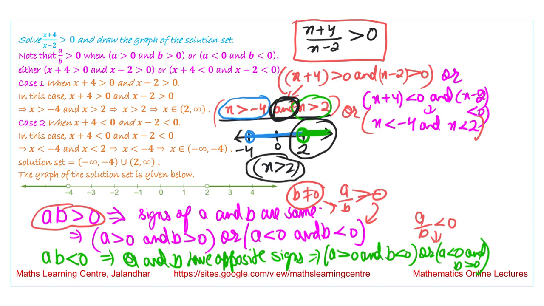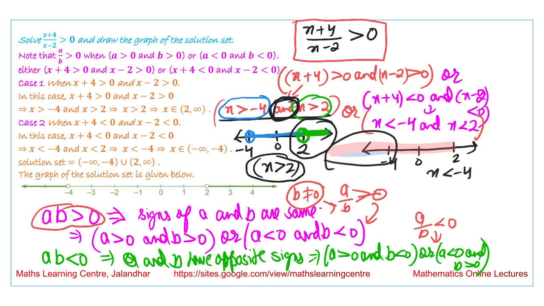Similarly, in this case this is the point 2, this is 0, this is minus 4, and we are talking about the regions x is less than minus 4, and x is less than 2. The common region over here is x is less than minus 4, and it is "or" in between these two terms.